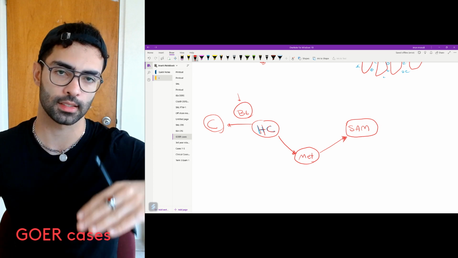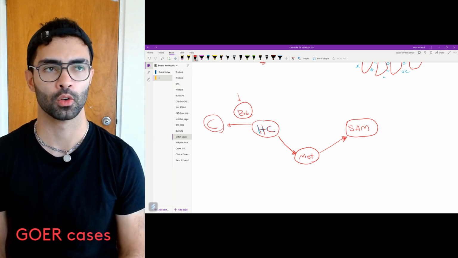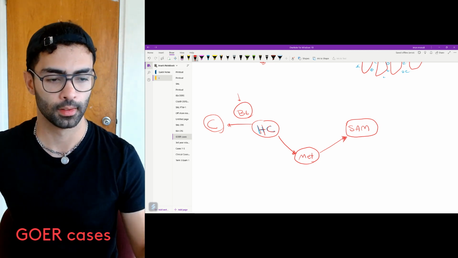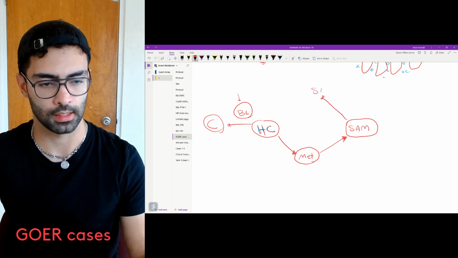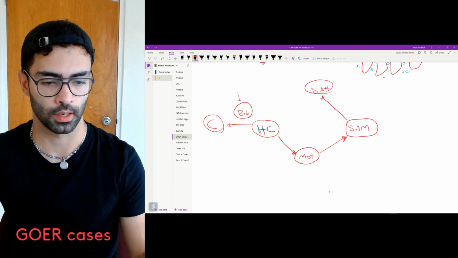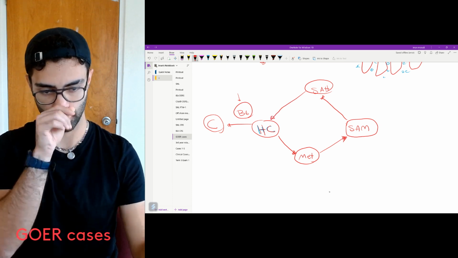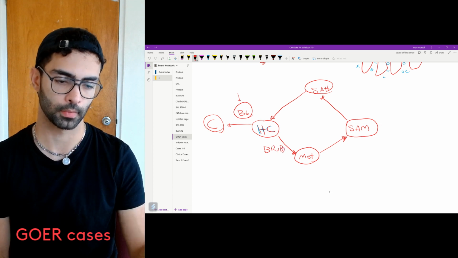SAM is the cofactor for the last enzyme that changes norepinephrine to epinephrine, right? And then SAM makes SAH, and this goes back to this. Now this step requires B12 and B9, right?